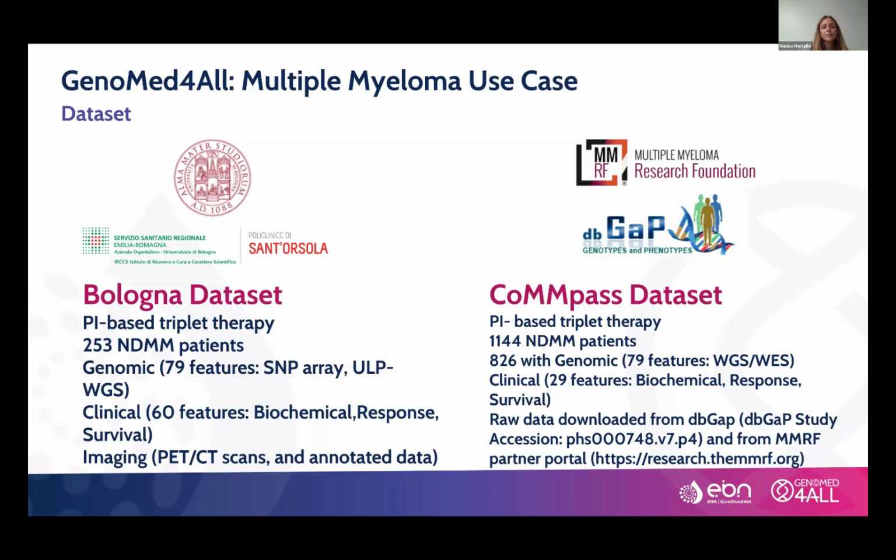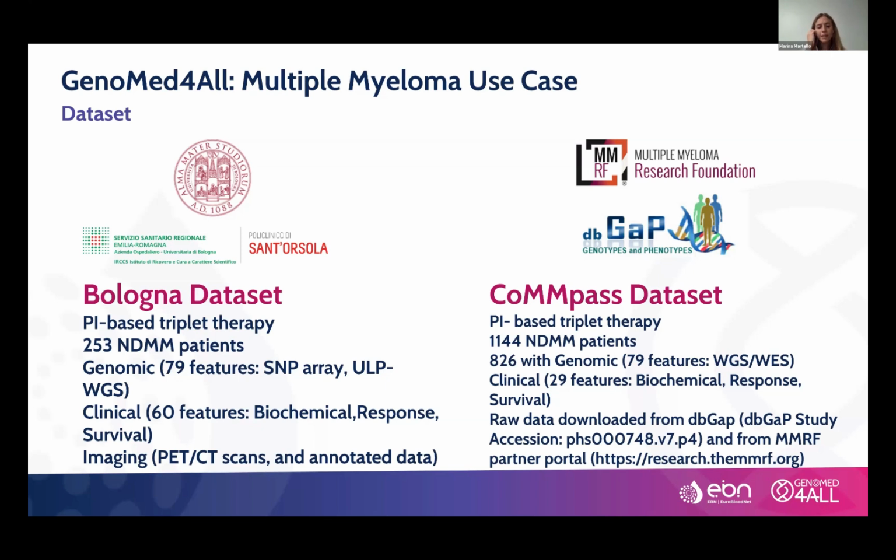For this data set, we provide three different kinds of data. The genomic data include 79 features derived from two kinds of genomic methods, SNP array and ultra-low pass whole genome sequencing.